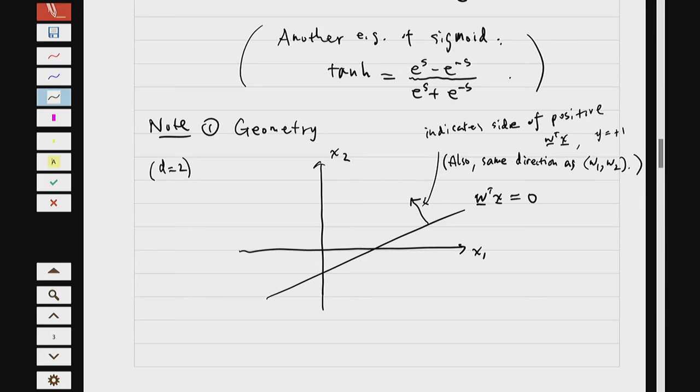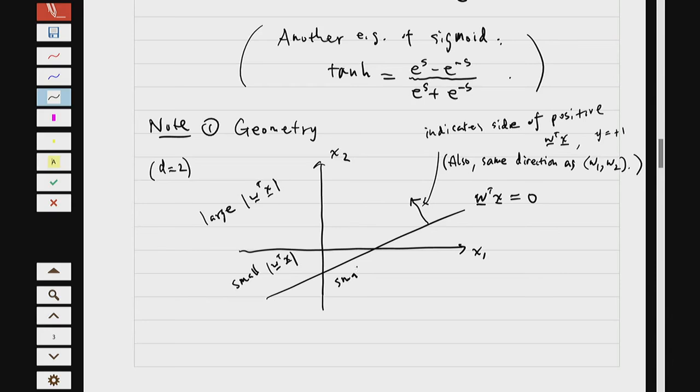So let me write it. Let's say here you have this side, you have small magnitude of that, and up there you have large magnitude. Likewise, below is the same, right?